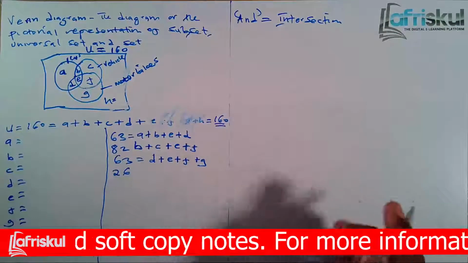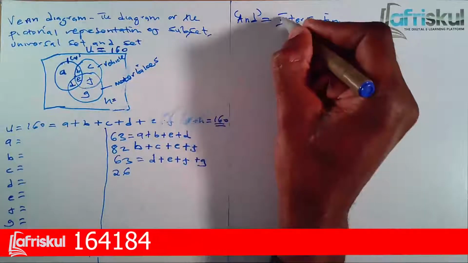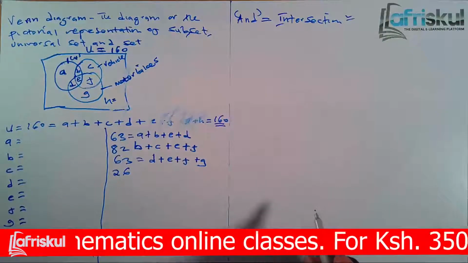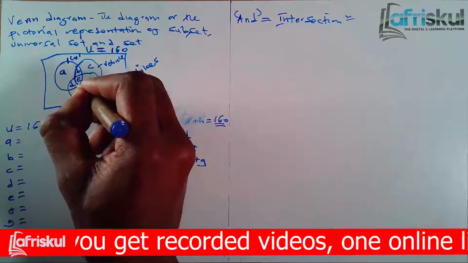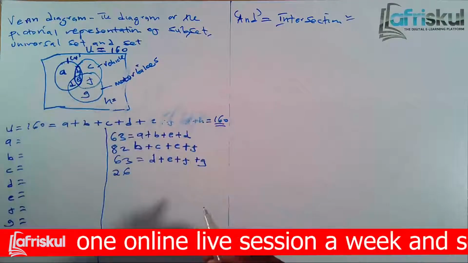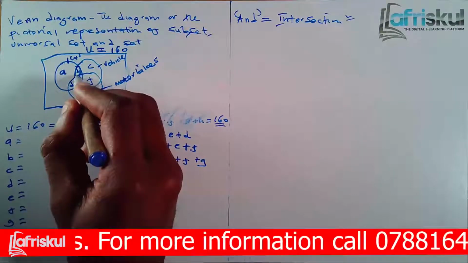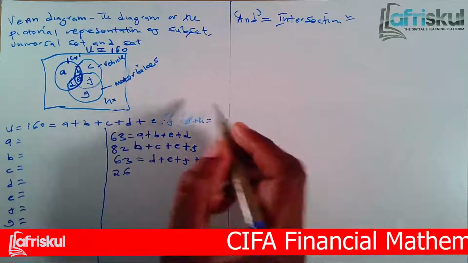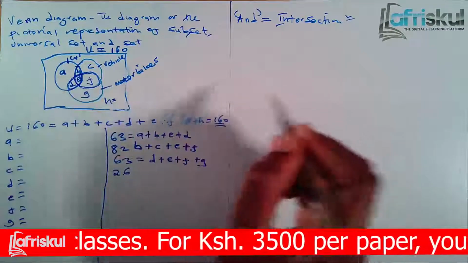When you hear the word and in set theory, you understand that it means intersection. And how many intersections do we have in our Venn diagram? The first intersection has B and E. The second has D and E, and the third has E and F.